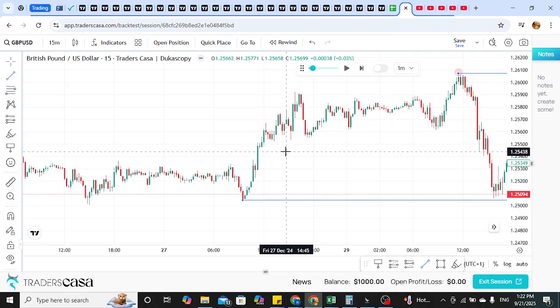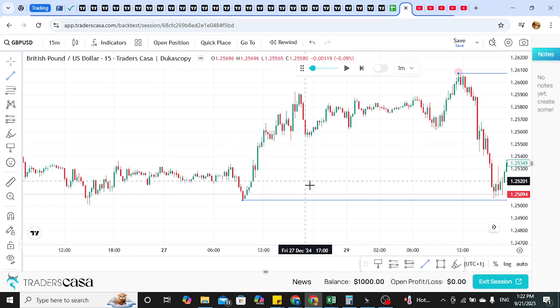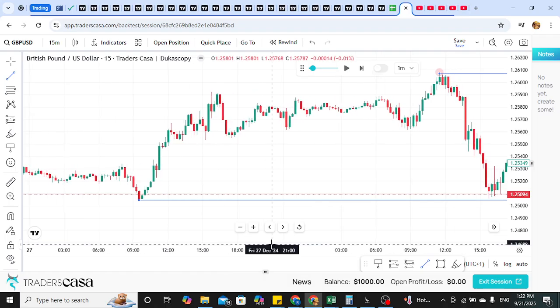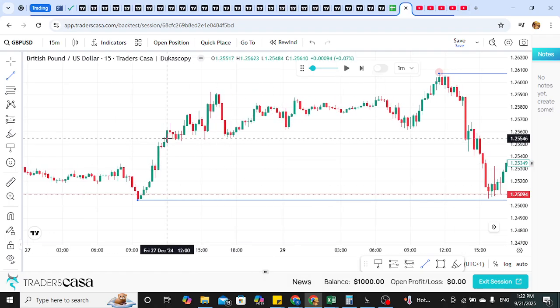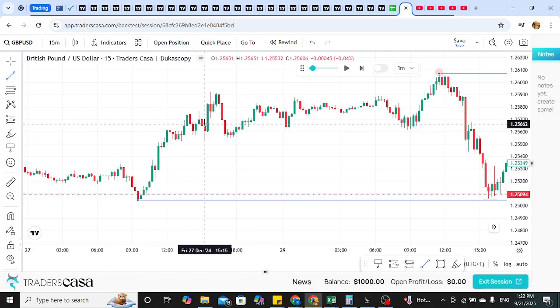A valid pullback for this high needs to be a candle that went below the previous candle, and the previous candle was higher than its previous candle. For example, let's look at this. Of course, we're talking now about an upward trend. Why? Because we're looking for a high.